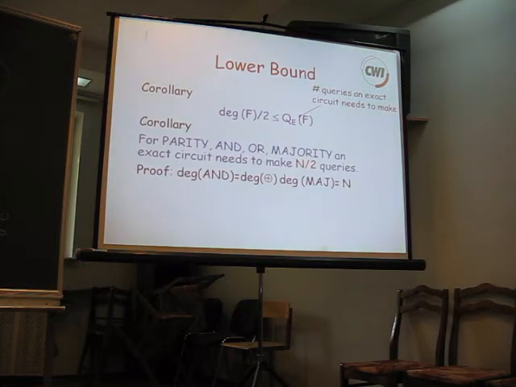So in particular you get the following corollary, that for parity and OR and majority, etc., since we knew that the degrees of these functions were n, you need n over 2 queries to solve them on a quantum computer. And the proof is, as I just said, because the degrees are n.